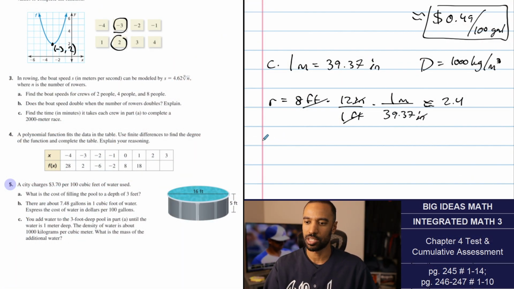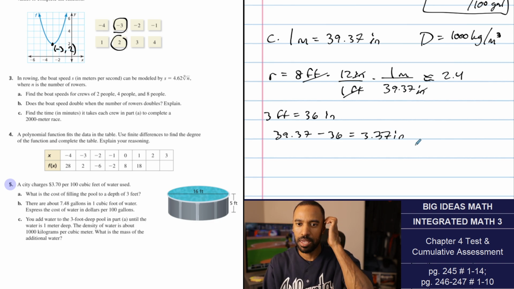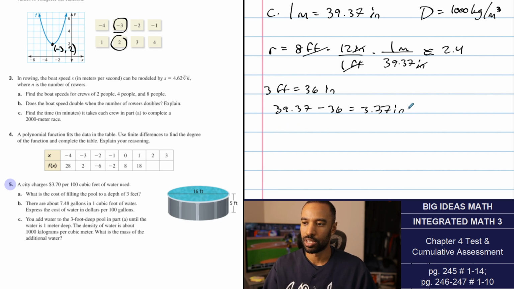So when we go from 3 feet to 1 meter, 3 feet is 36 inches. 39.37 minus 36 equals 3.37 inches. When you divide by 39.37 inches per meter, you get that many meters.